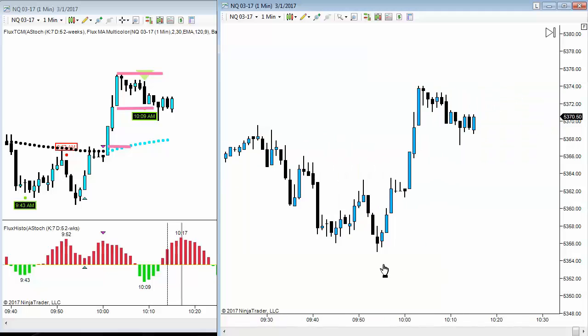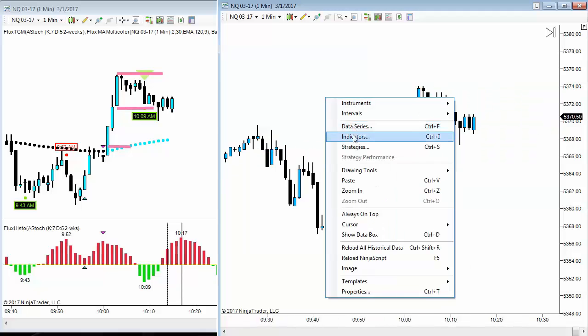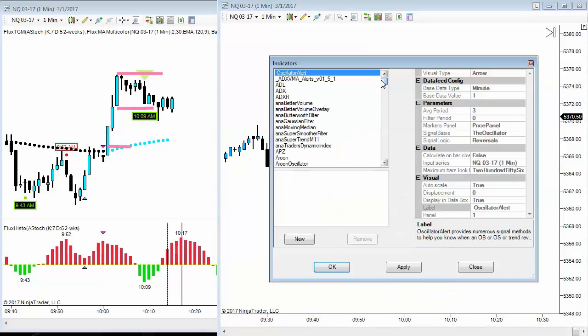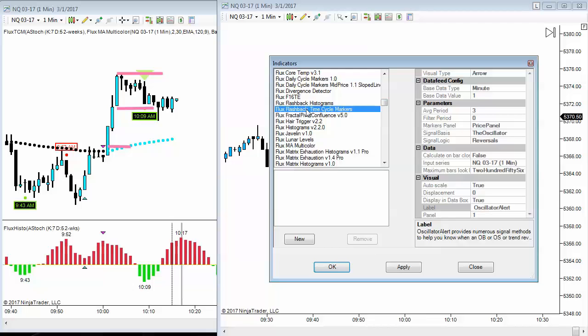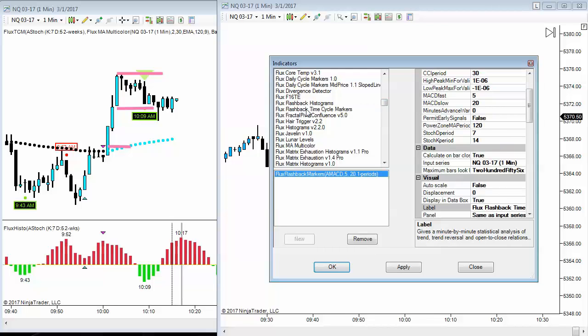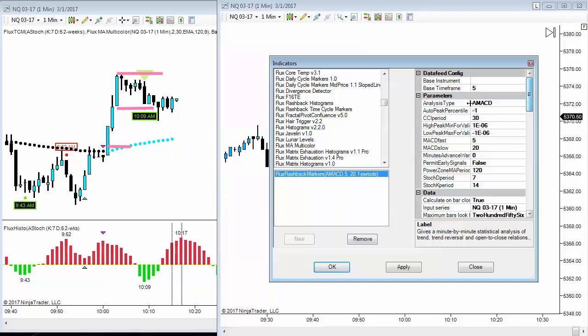Okay, so blank chart, blank slate. I'm going to add an indicator called the Flux Flashback time cycle marker. Now, it's going to do the same analysis that this chart did, but we're going to do it slightly different using slightly different data.